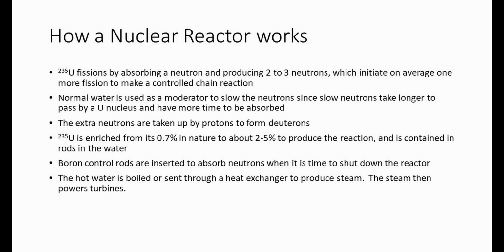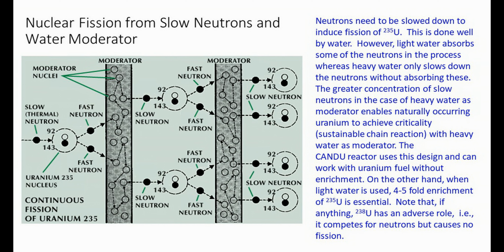Okay, so you can see, this is a slow neutron which goes and strikes the uranium 235. Okay, and so this is your uranium 235. Now it strikes as slow, but what comes out is fast. Okay, these are fast neutrons. So now you've got water here. Okay, and water is basically slowing down the neutron.